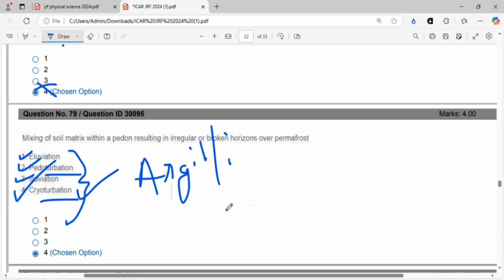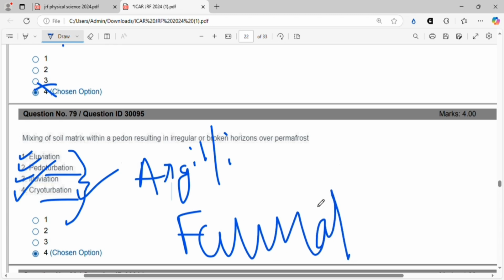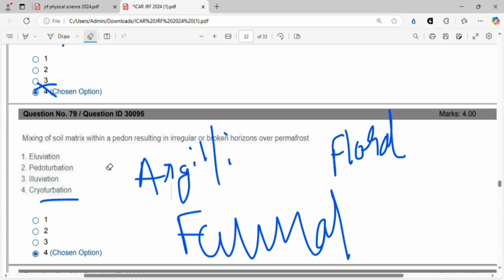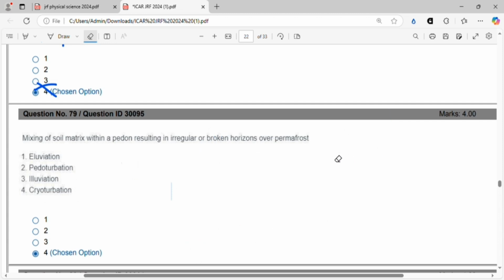There is another type of pedoturbation called faunal pedoturbation where the fauna, that is the animals, are the contributors of pedoturbation in the soil, and there is also floral pedoturbation where plant roots or plants are responsible for the pedoturbation. All right. So pedoturbation in a broad way means mixing of soil matrix or mixing of soil horizons, and there are different pedoturbations that you have to be very thorough about.